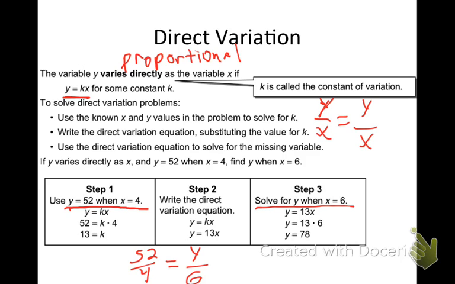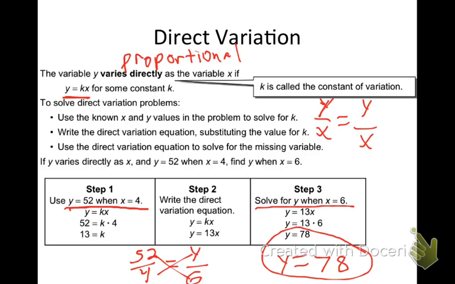Then I can use cross products and solve for y, and I get y to be 78, which is the same answer. That's actually the same problem that was on your warm-up, and you already solved that using proportions.